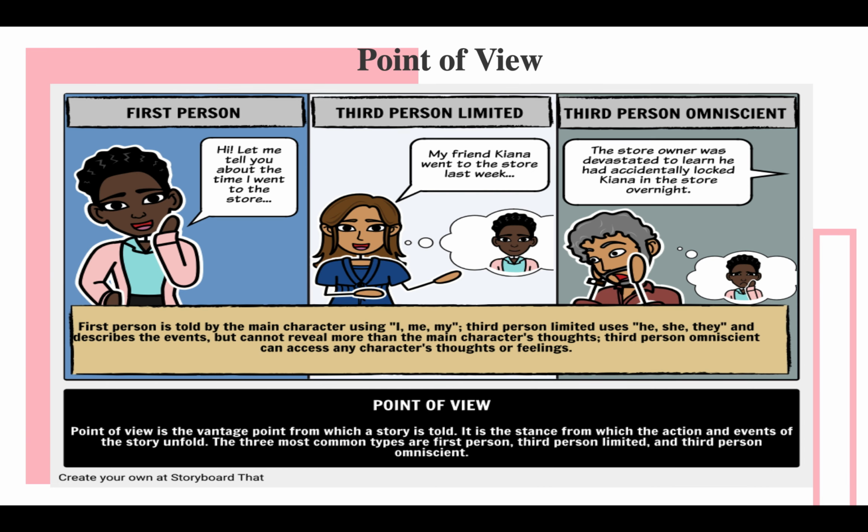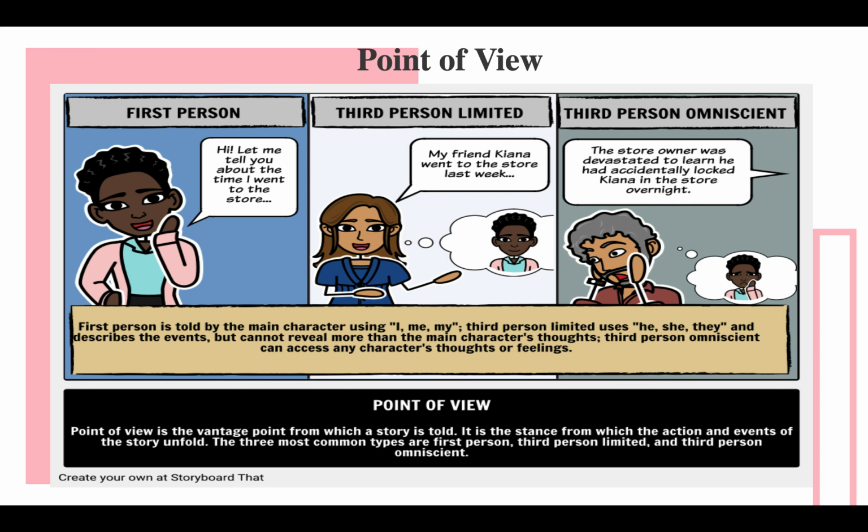Now, let's proceed to point of view. Point of view, of course, this is how the story being told, no? Paano siya kinuwento? It's either, could be first person, third person, second person. So, in first person, it is using the I, me, my.